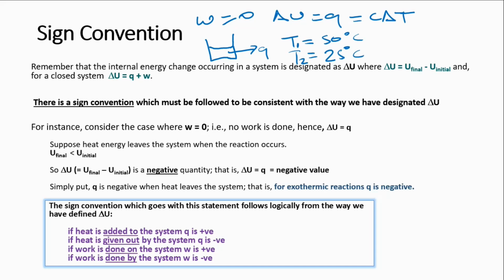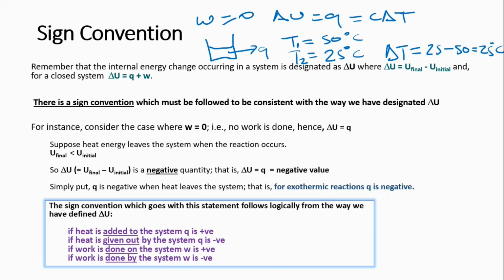Of course, T2 is less than T1 because the temperature would have decreased over time. So delta T would be T2 minus T1, which is T final minus T initial. So it's 25 minus 50.